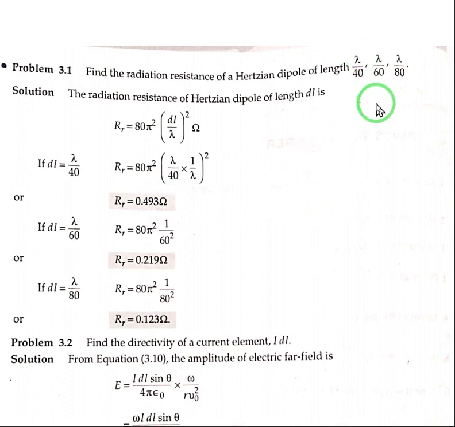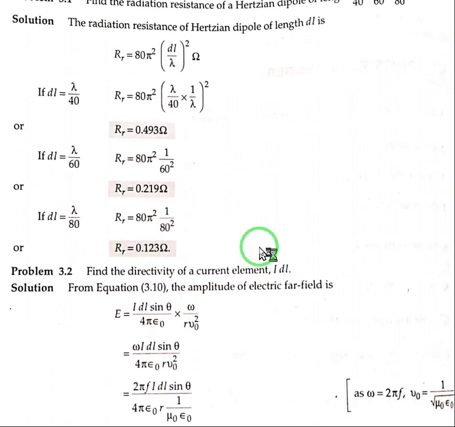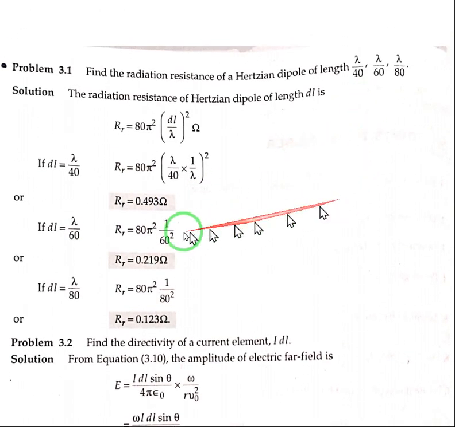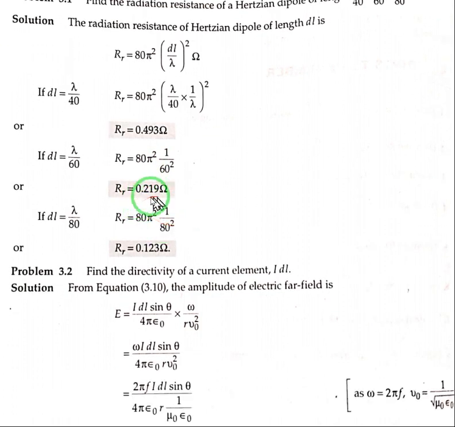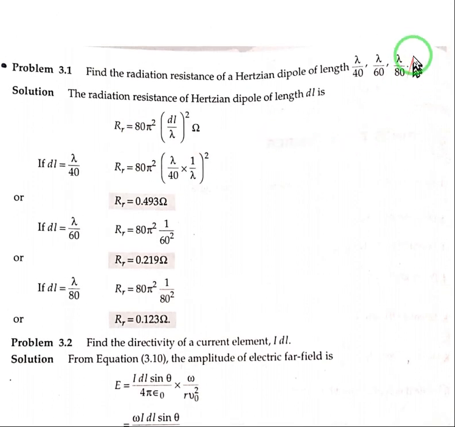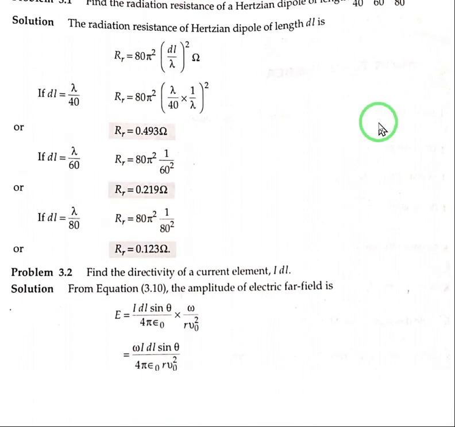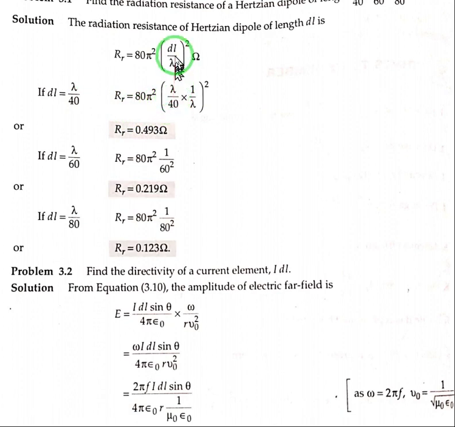The second is lambda by 60. The length lambda by 60 is used in the same formula, 80 pi square. We put lambda by 60 in this formula and simplify it. We got 0.219 ohms radiation resistance using the same formula. And for the third part, lambda by 80, using the same formula, dl is lambda by 80 divided by lambda.